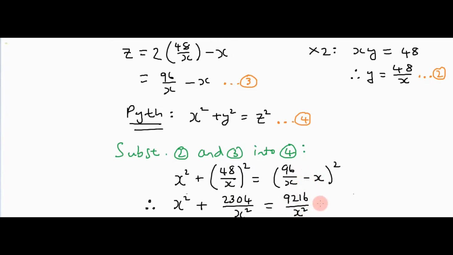Then we need this sign. Then we need twice 96 over x times x. In other words, the first term times the second term times 2. So it's going to be twice the first term times the second term. The x's cancel here, and we're left with 2 times 96.